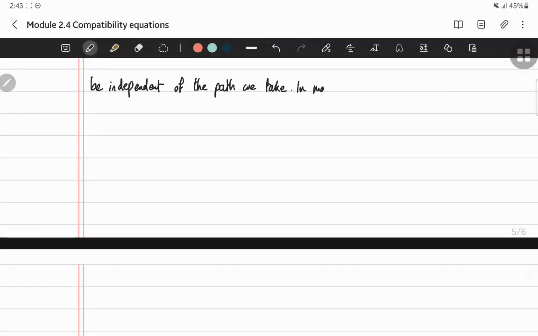In mathematics, we call this integral an exact differential.